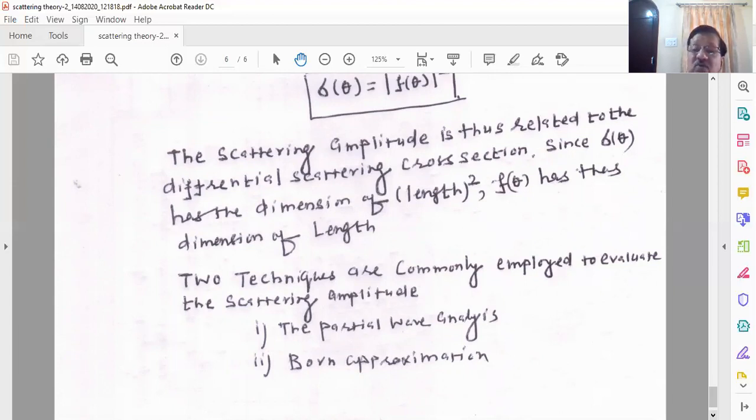So in the next lecture, we would like to understand how to find the scattering amplitude.